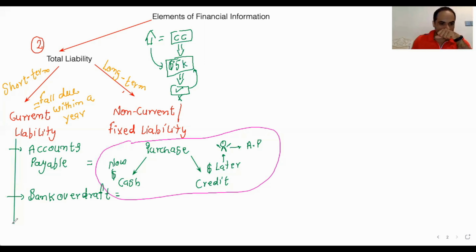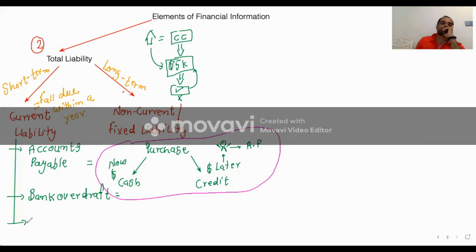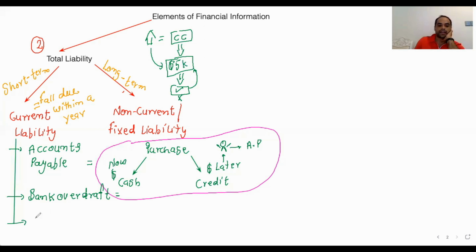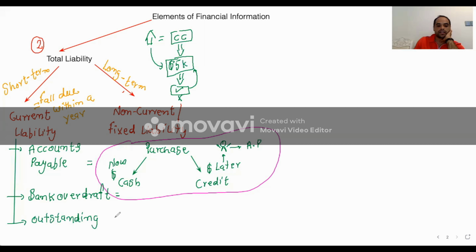Next liability is outstanding expense. What does it mean, outstanding expense?